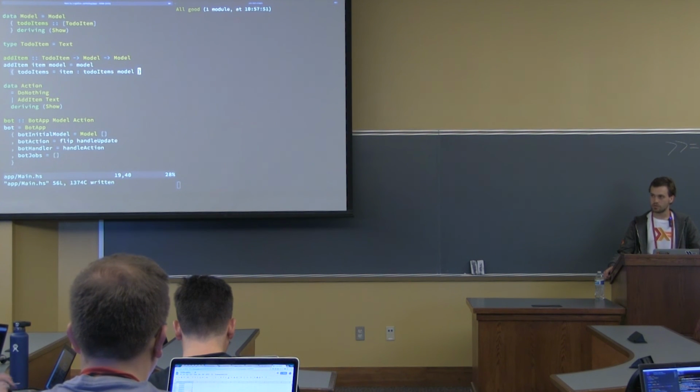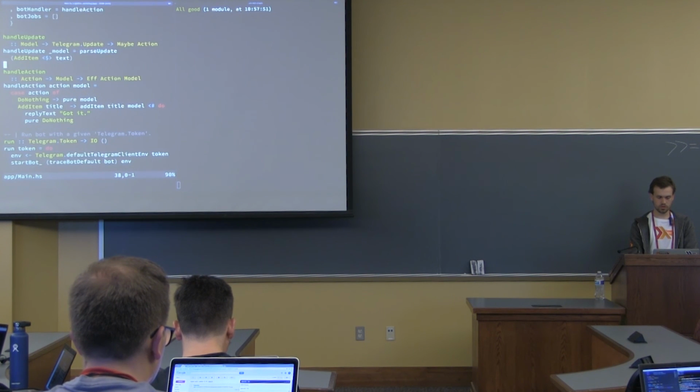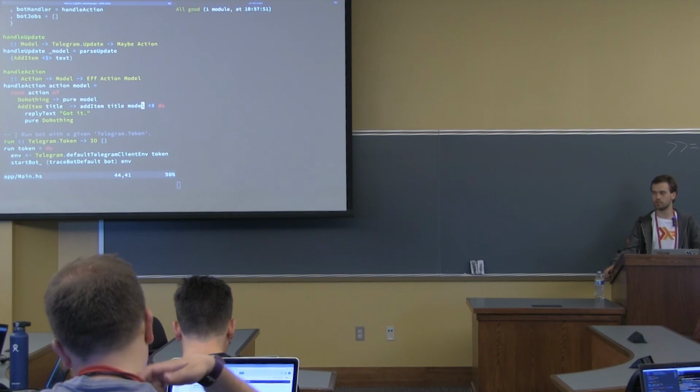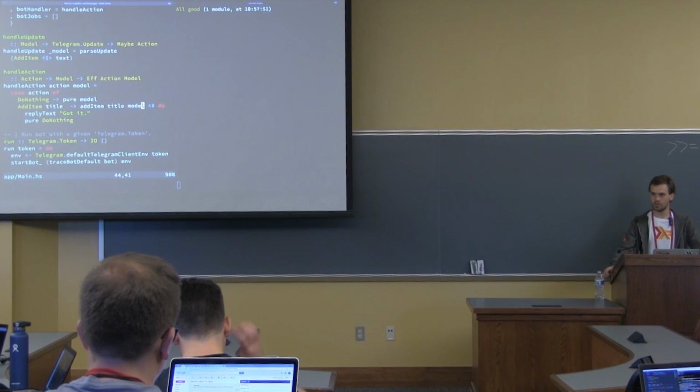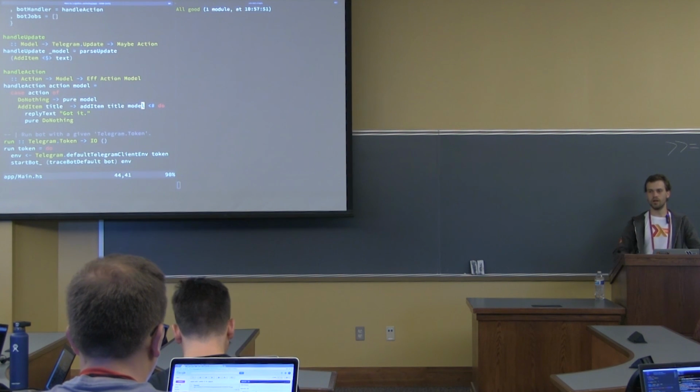All right. So this is some very simple thing. What's to notice here is that the update to the model is a pure function, and it is always going to be a pure function. All the modifications to the model are pure.